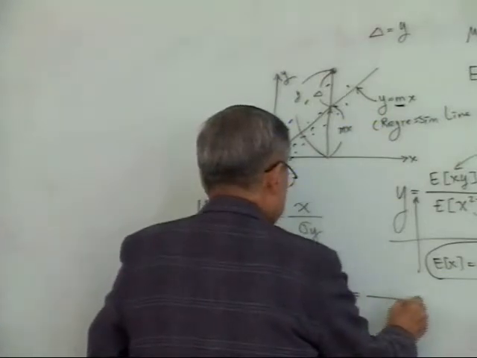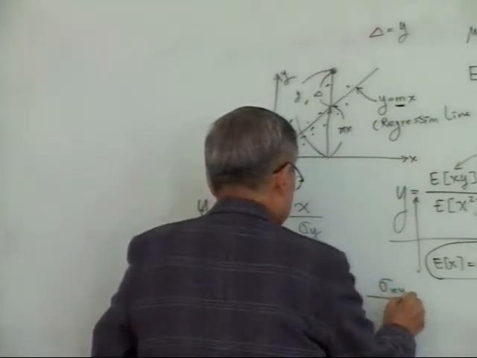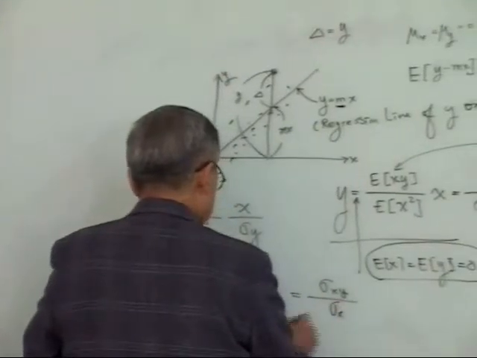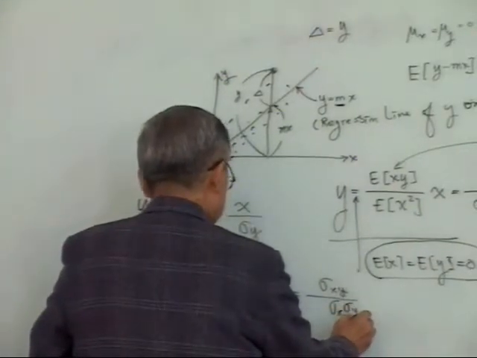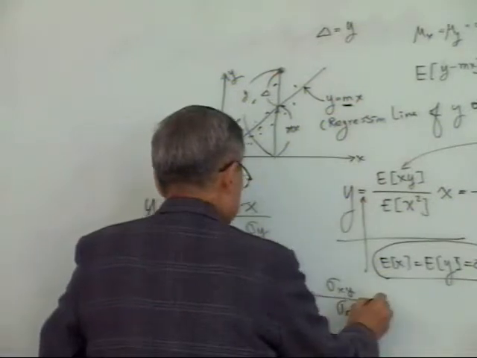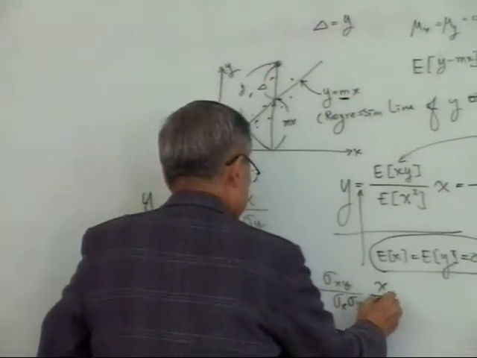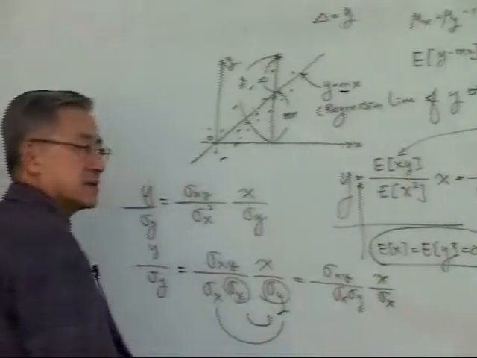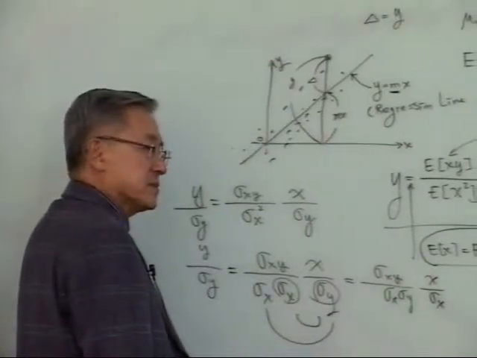So you have sigma xy, sigma x, and sigma y, put back there, x over sigma x.